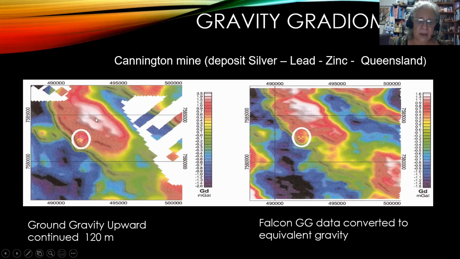The ground gravity survey was upward continued 120 meters to be the same as the FALCON GG data that was converted to equivalent gravity. And we can see that it gives a lot more detail. We have a higher resolution with these methods, measuring all the components.